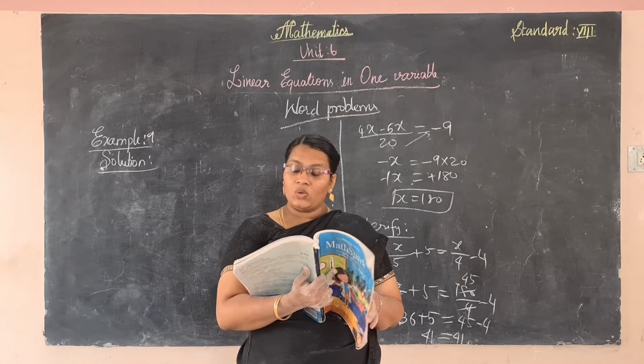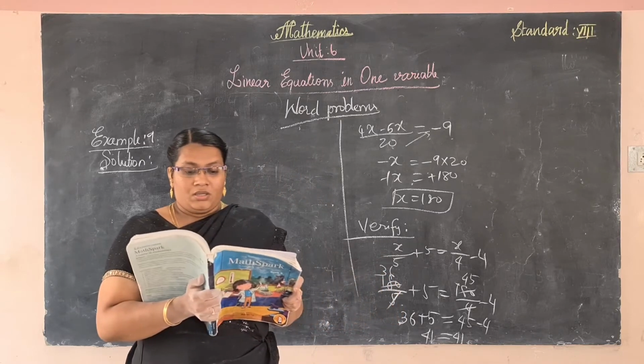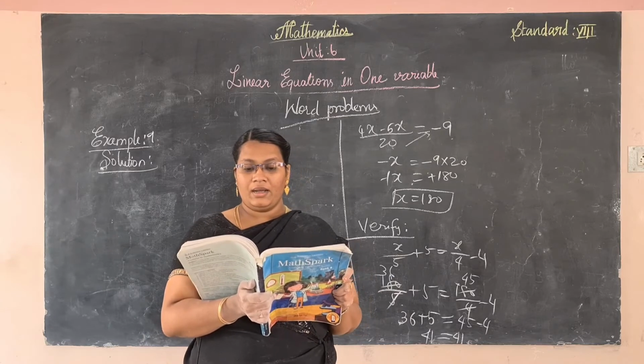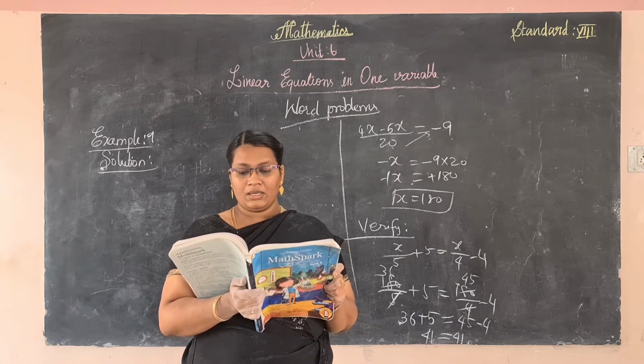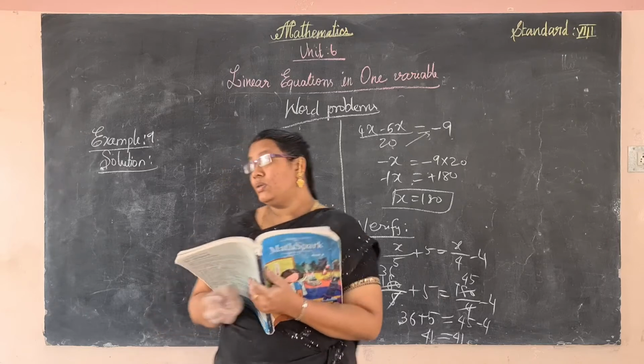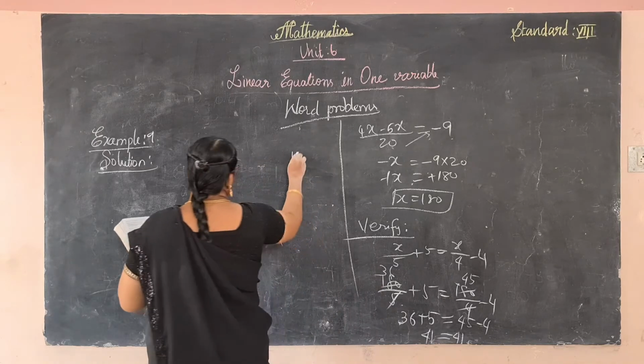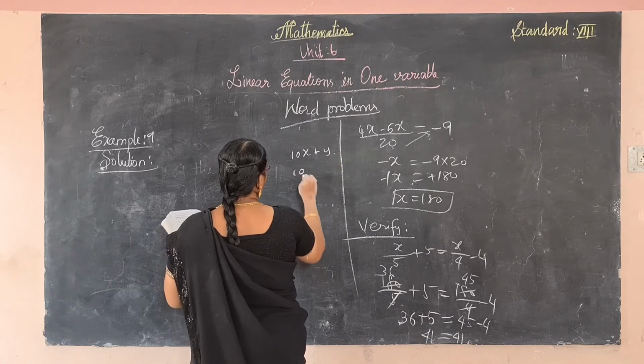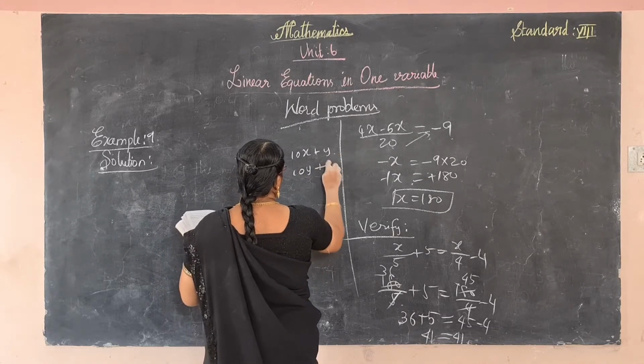Find the original number. So already you know that a 2-digit number is 10x plus y. Reversing the number means 10y plus x.